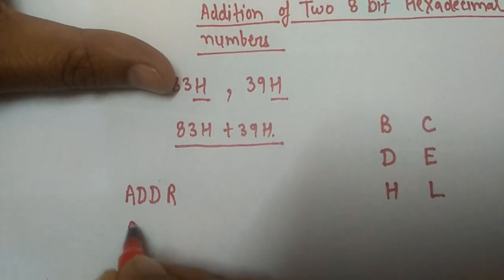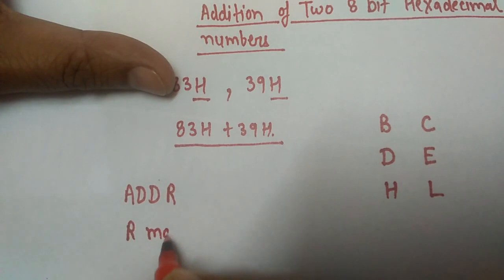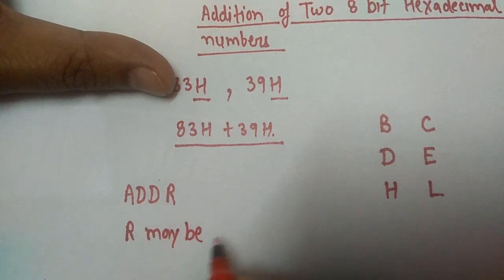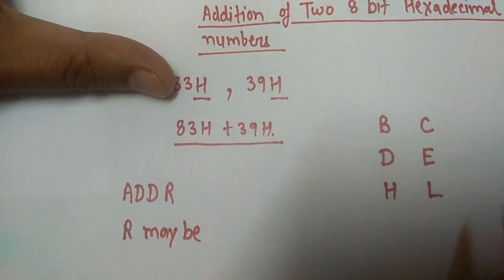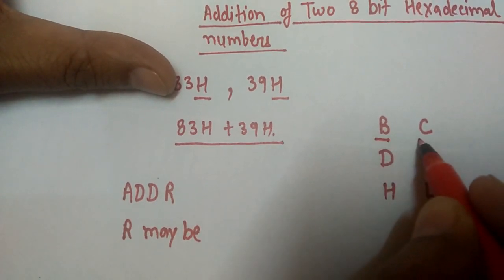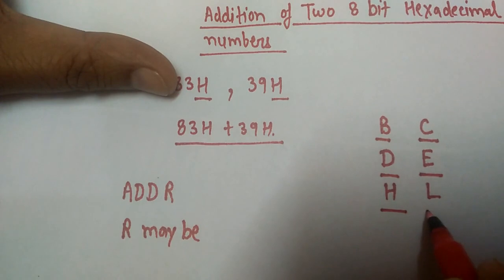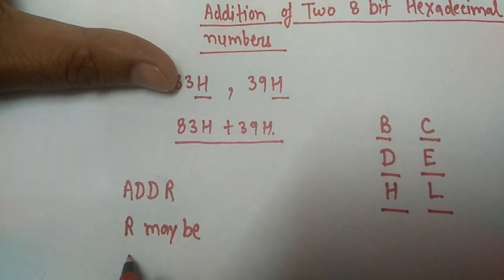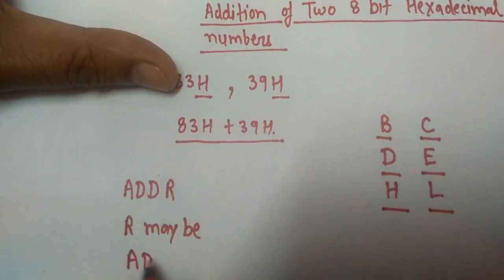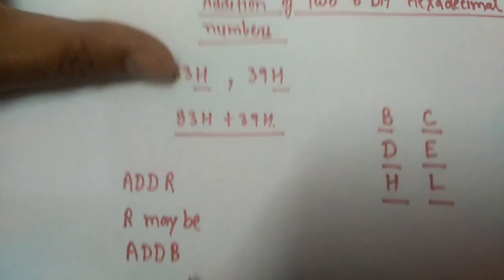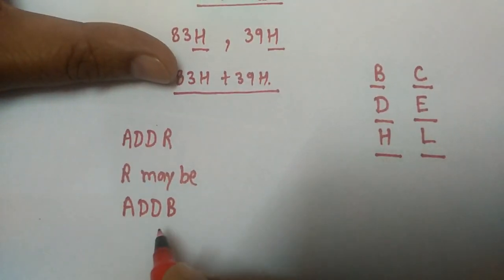Here R may be any general purpose register like B, C, D, E, H or L. So if I write ADD B, what does it mean?